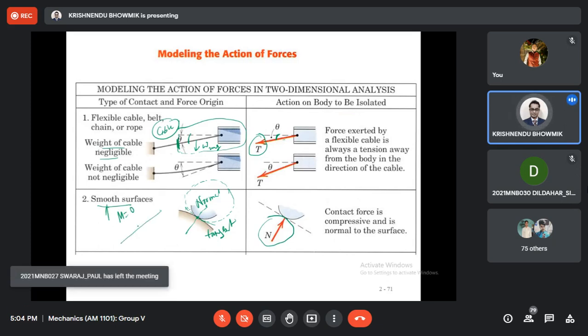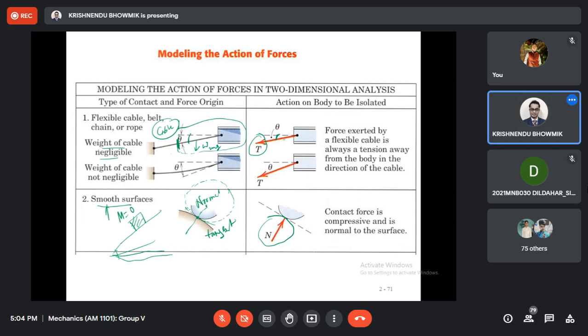Let me give you one example here. This is one inclined surface, and this is the horizontal. This is theta. So here it is some weight mg. I want to decompose this mg like this.